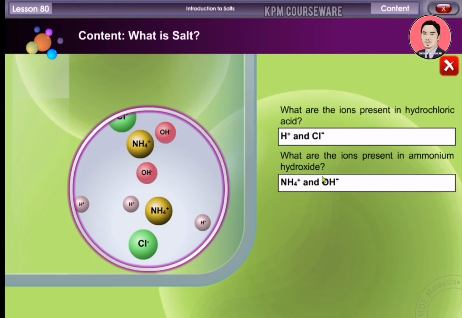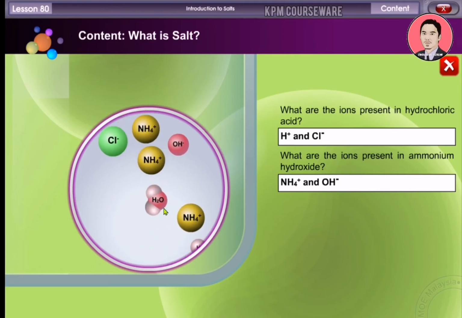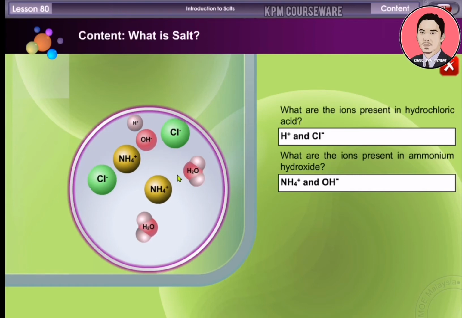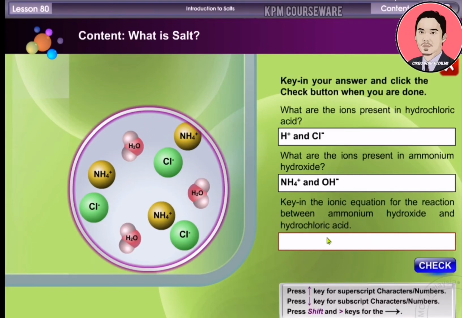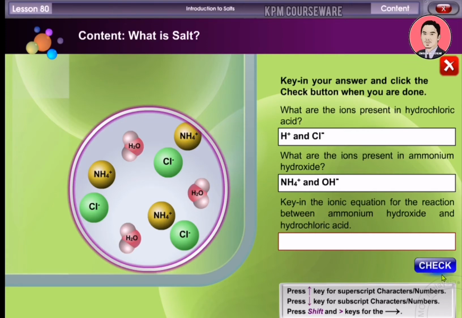Observe what happens to the hydrogen ion from the acid. Based on the animation, key in the ionic equation for the reaction between ammonium hydroxide and hydrochloric acid. Key in your answer and click on the check button when you are done.